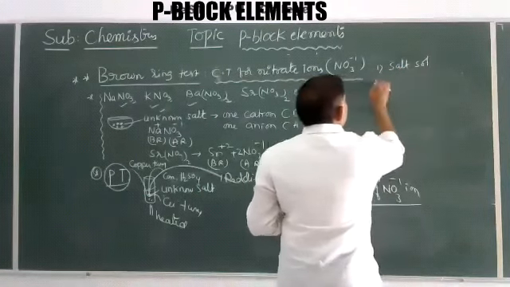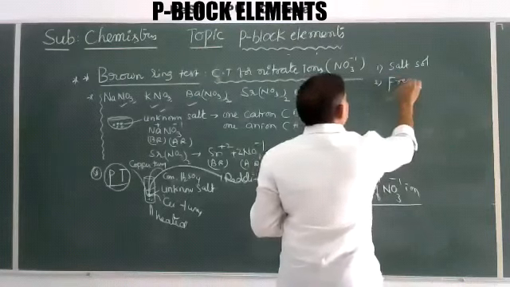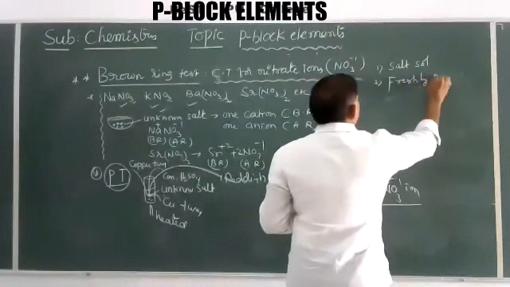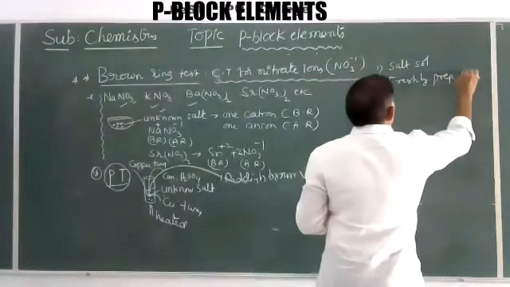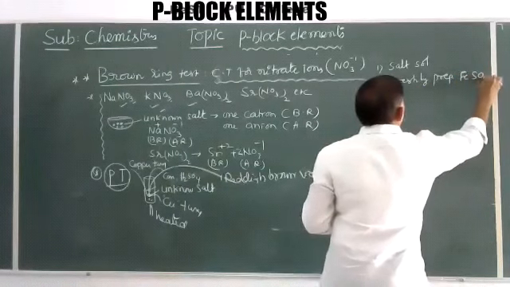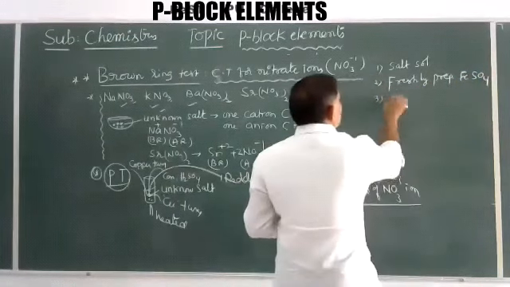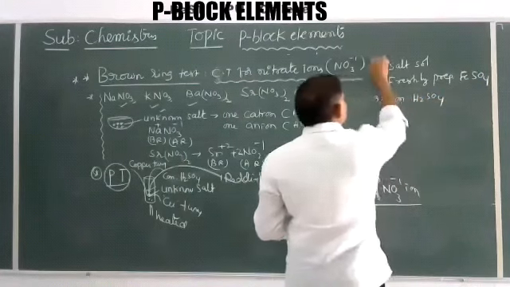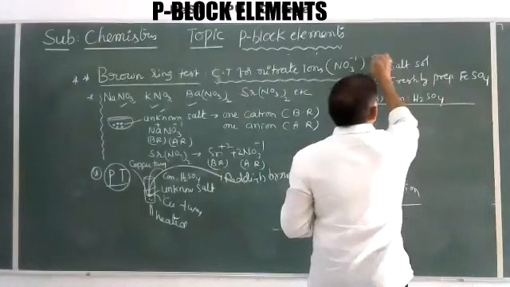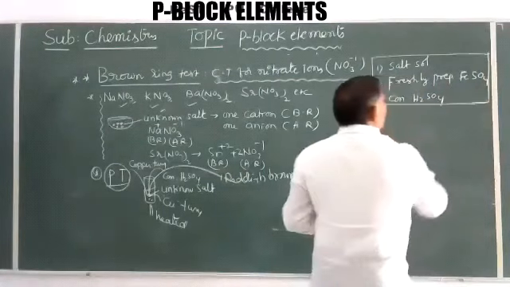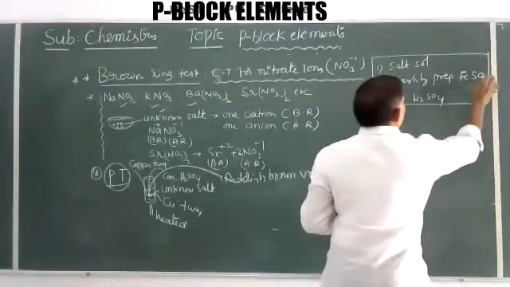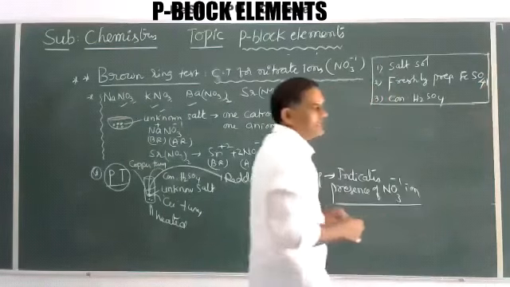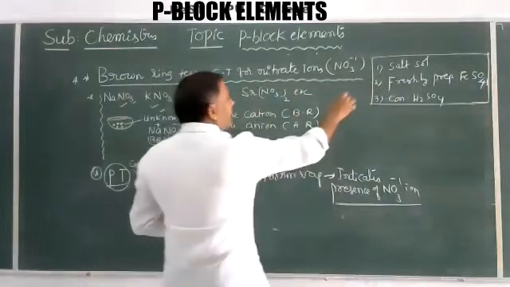Second, a freshly prepared FeSO4 solution is required. Third, concentrated H2SO4 is required. These three are very, very important for doing the confirmatory brown ring test.